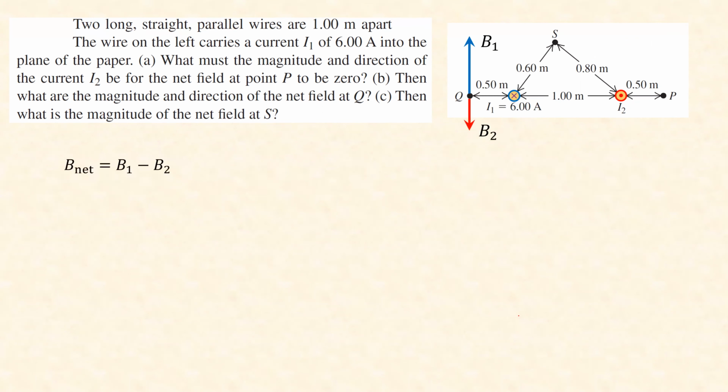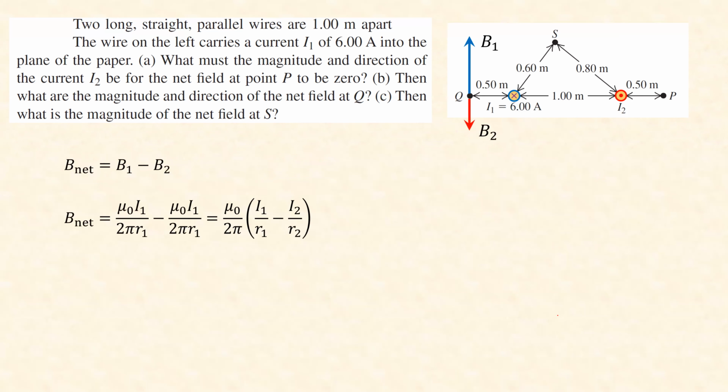So the net field will be B1 minus B2 in magnitude. So this is B1 and B2: mu naught I1 over 2 pi R1 minus mu naught I2 over 2 pi R2.